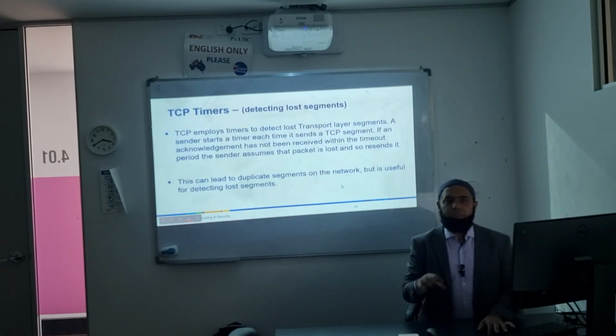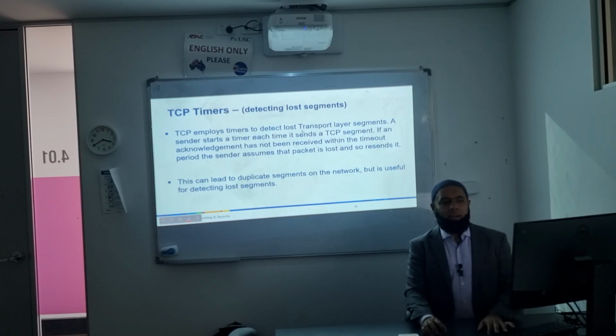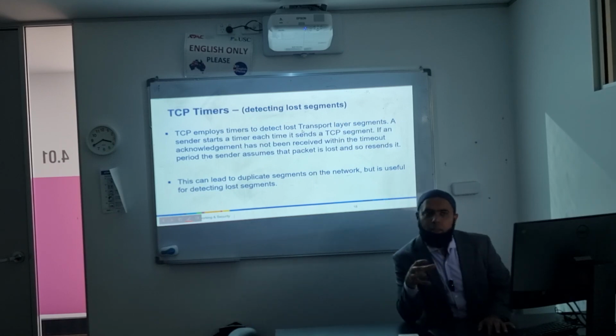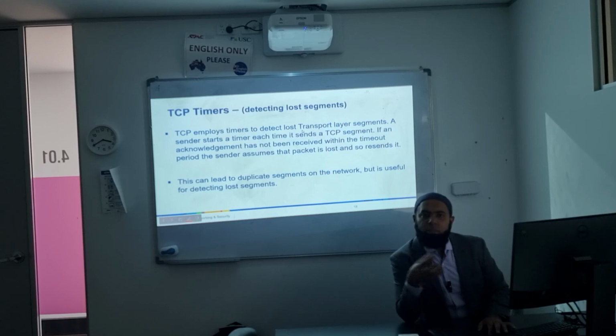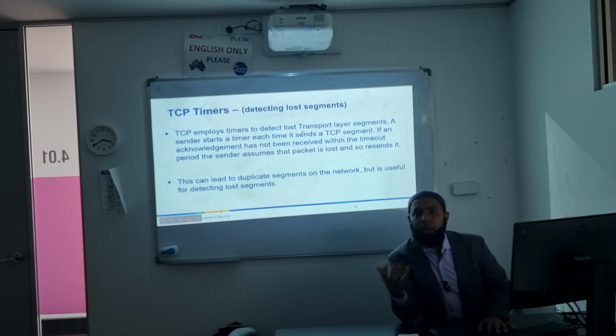Whereas in TCP, timers are all about whenever you are sending any packet, but it has not reached within that time limit, it tells the sender that this was not received in that time limit, and it will send it back.